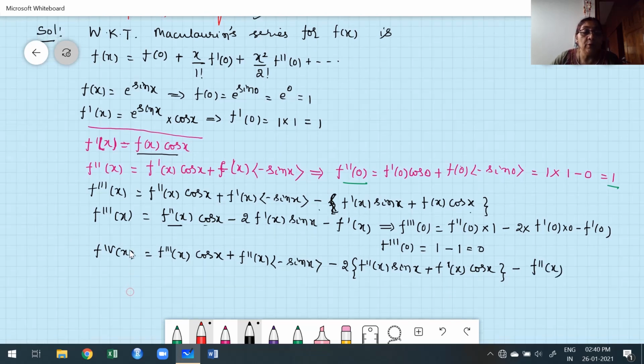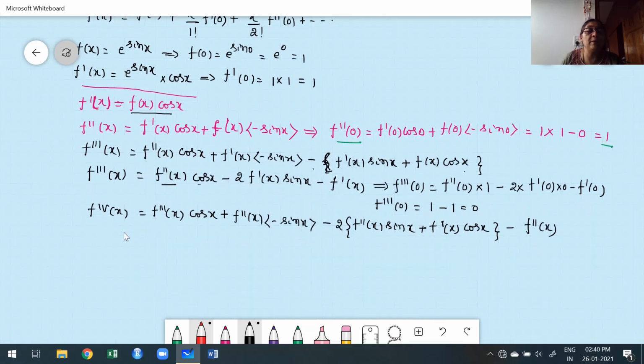Now before moving to the next step, if you want to simplify further, what I did in the previous step for the third derivative, if you have similar terms, you group and simplify them. f triple dash of x, f of x into cos x, minus f double dash of x into sin x, minus 2 times f double dash of x sin x.